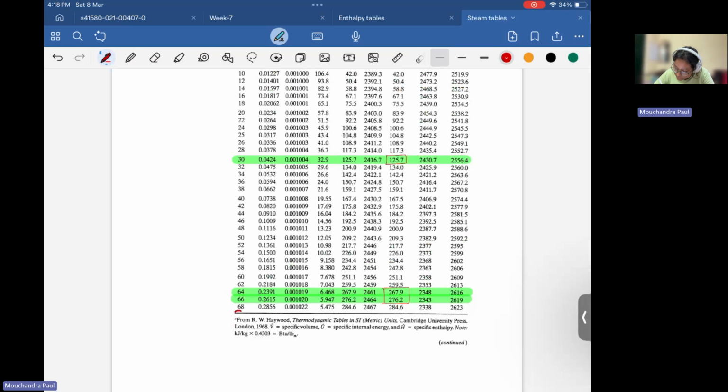It is y equals y1 plus (x minus x1) times (y2 minus y1) by (x2 minus x1).